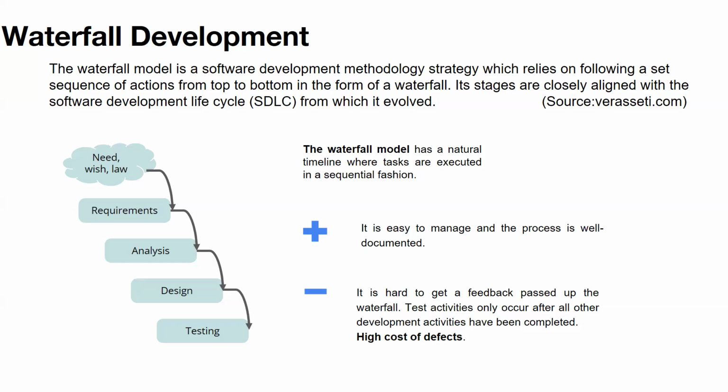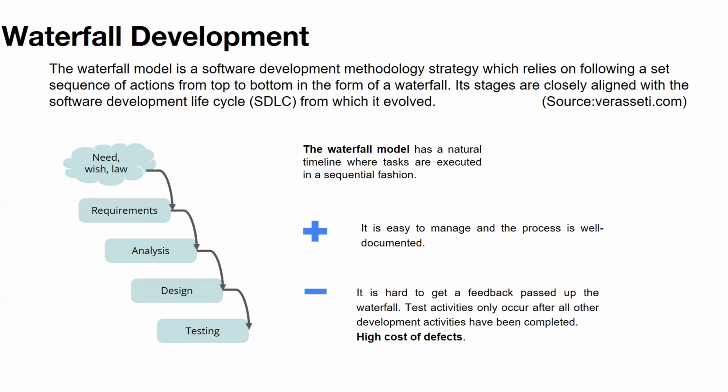Most of the time, the developers have finished and might be working on new projects. So once we do the testing, if we come across a critical defect, we have to go back to the first stage and do all these 7 stages again, right? So the cost is really high.